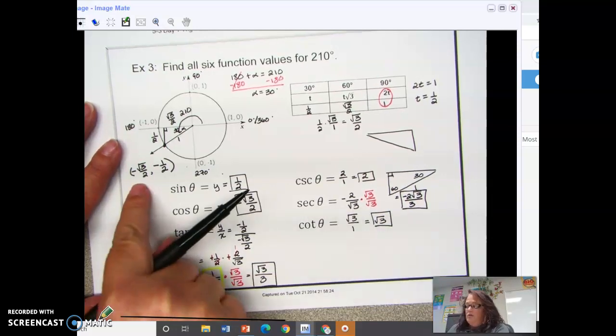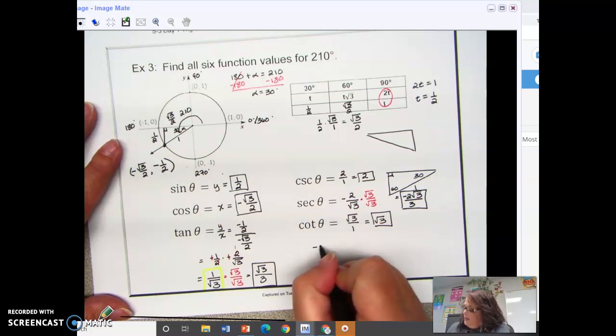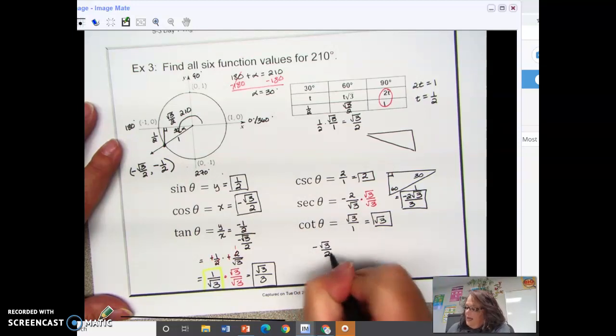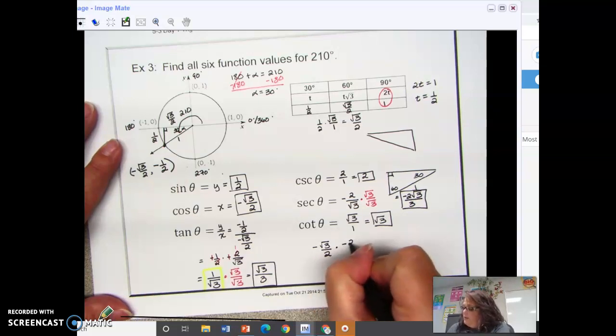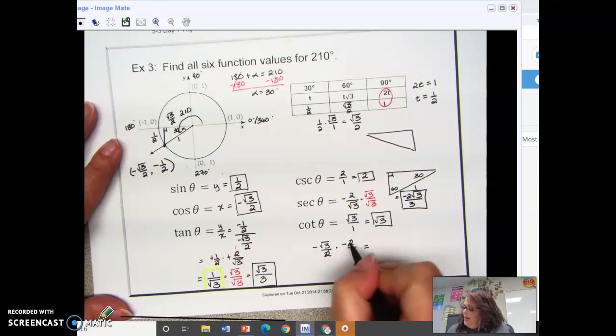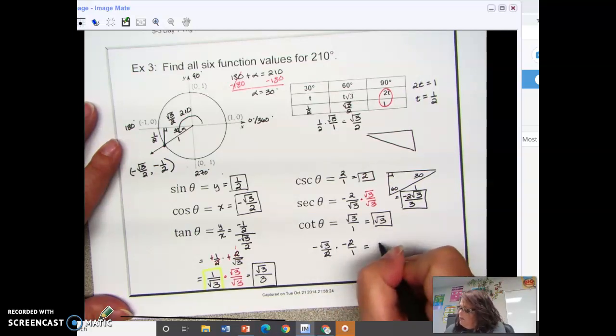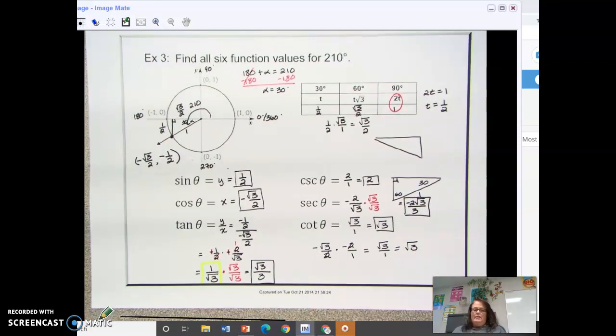Now, you could have also gone back and done x over y, and if I did that, I would have negative root 3 over 2, and that would be divided by negative 1/2, which means multiply by the reciprocal. And you'll see that the 2's still cancel, and I get a negative root 3 times a negative 1 is a positive root 3 over 1, which just gives me root 3. So two different ways you could have solved that. So when it's asking for all 6 functions, that's what you're going to need to do.